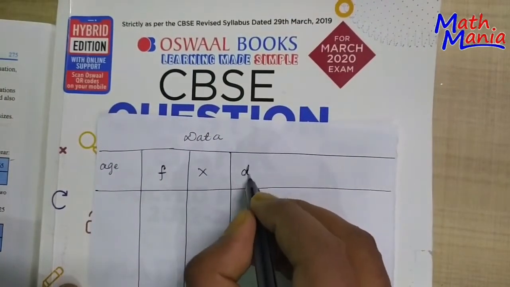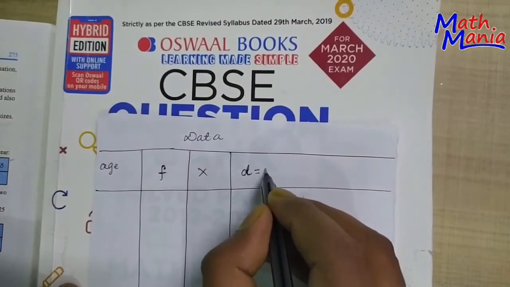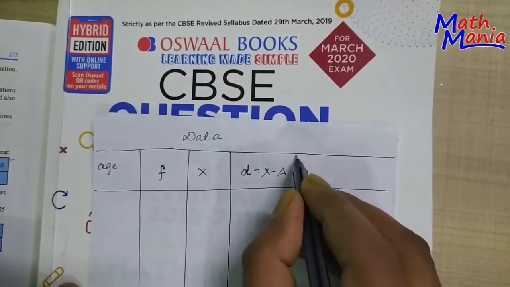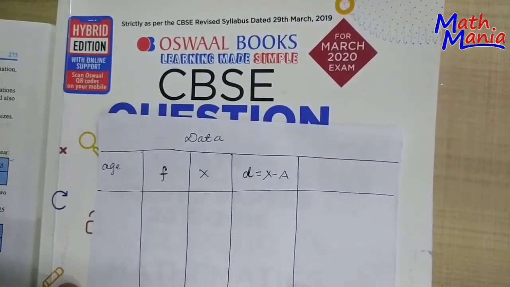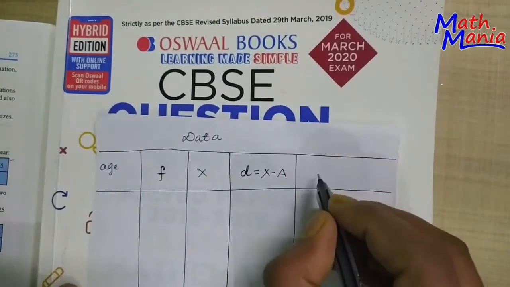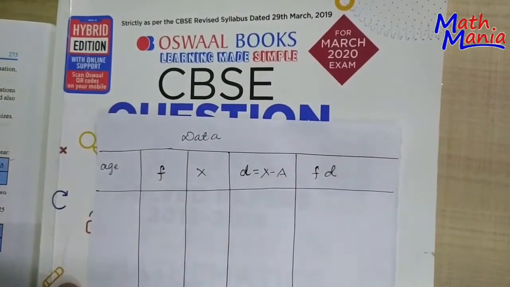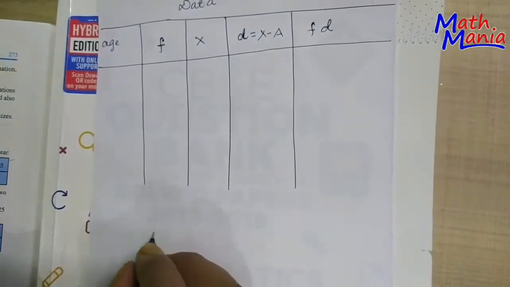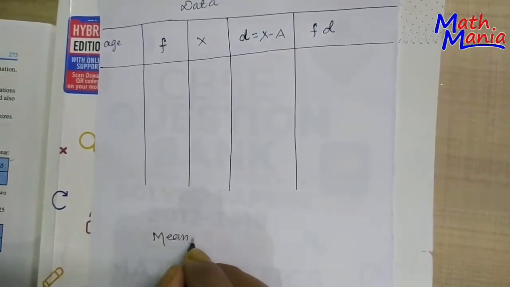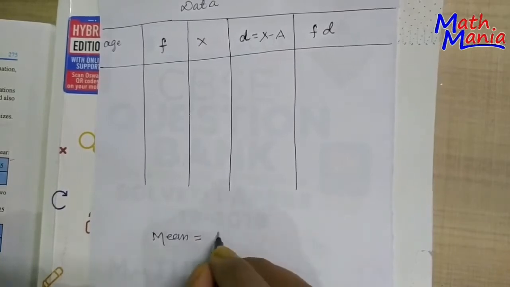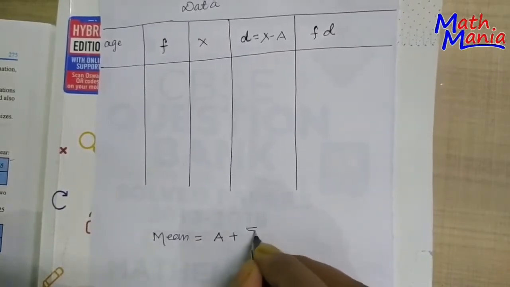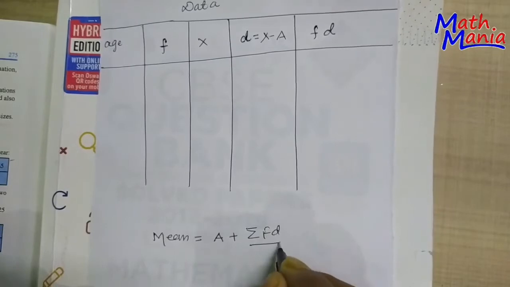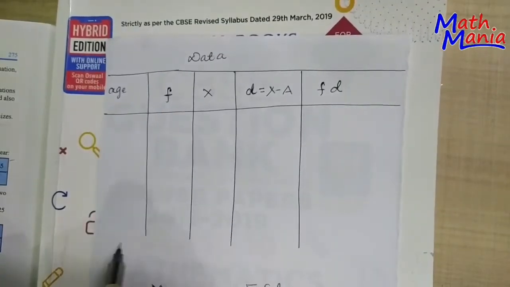Afterwards, we have to find d. The value of d is equal to x minus a. And then we need to find f into d so that we can apply the formula: mean x bar is equal to a plus sigma f d upon sigma f.